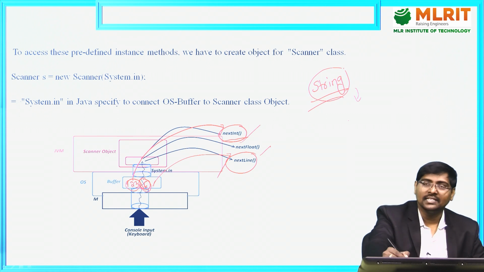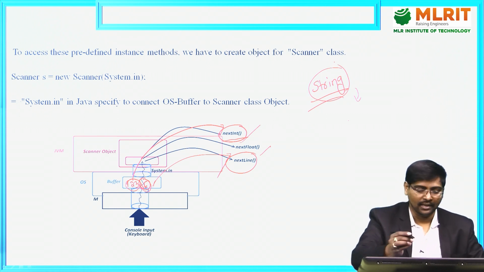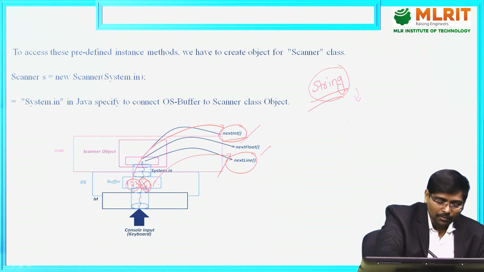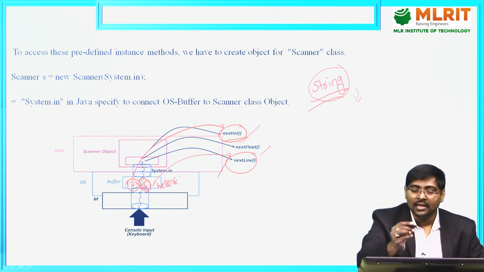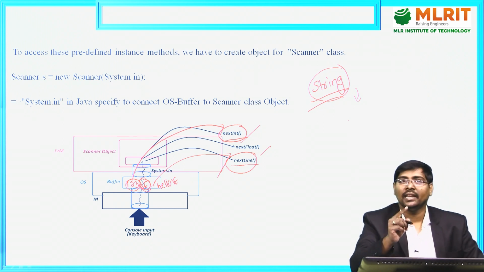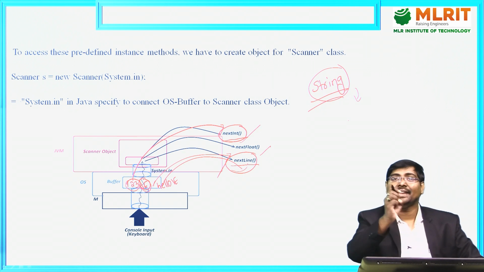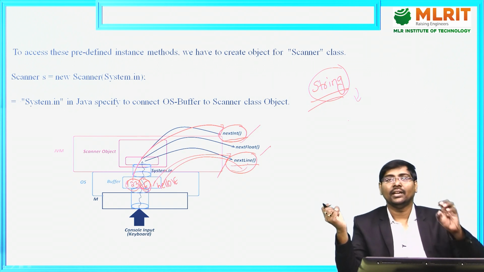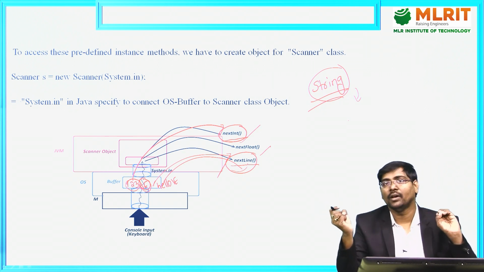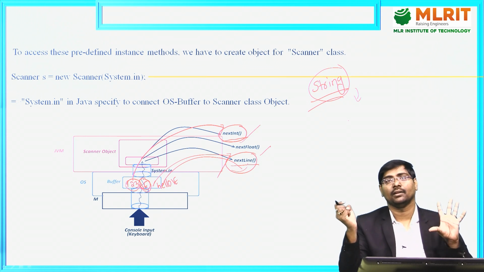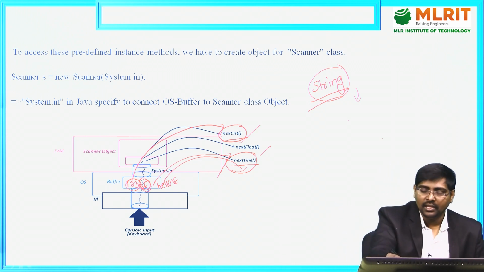String has a predefined property. Suppose here I entered hello, \n is also there. If you are using nextLine, automatically it takes the entire string. That is a built-in property of the nextLine method. Clear? So, read everything in the form of string.